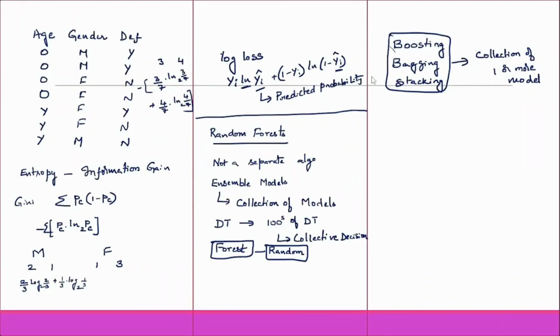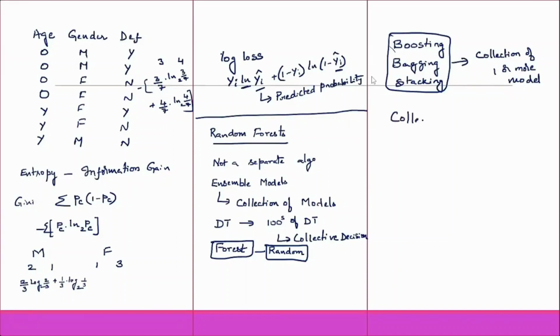When we talked about decision trees, we talked about how the splitting happens, Gini criteria, Gini impurity, then entropy. We talked about a lot of concepts. Similarly, when we talked about support vector machines, we talked about kernels. There are a lot of concepts built into each of these algorithms because they are independent in themselves. Whereas a random forest does not have any such behavior. It is a collection of decision trees.